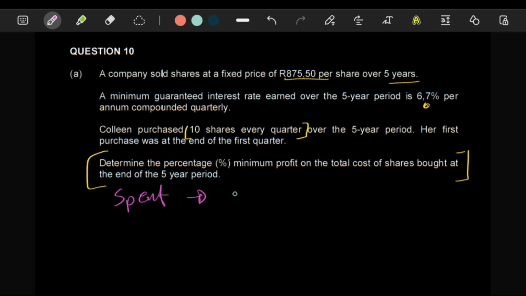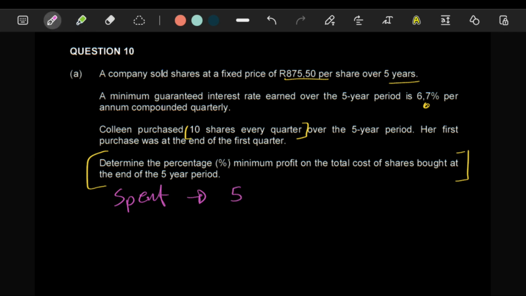So what she has spent is she's buying 10 shares every quarter, but this is for 5 years. Or you can even look at it this way.